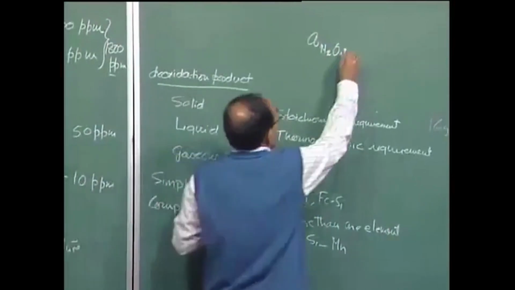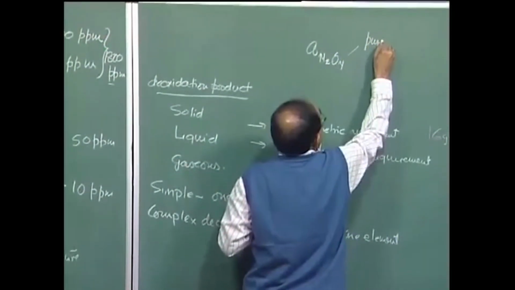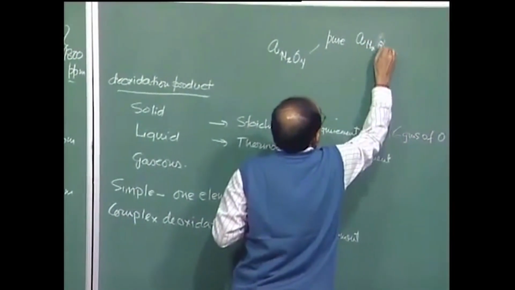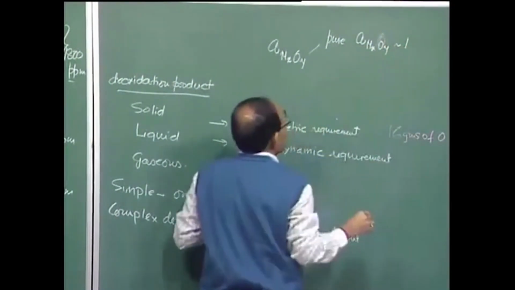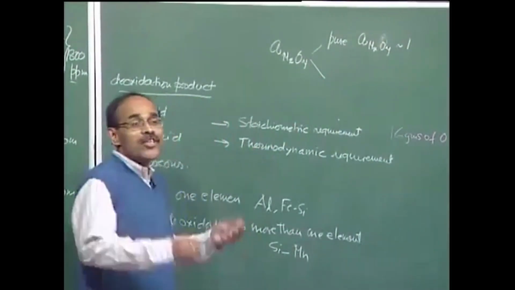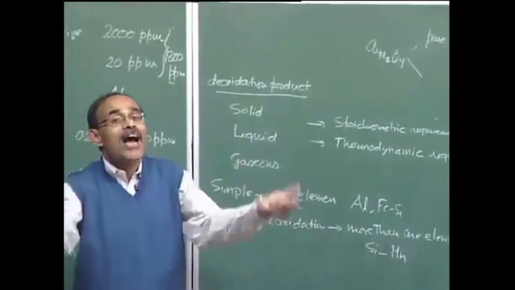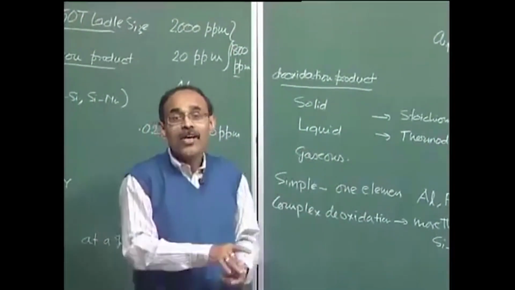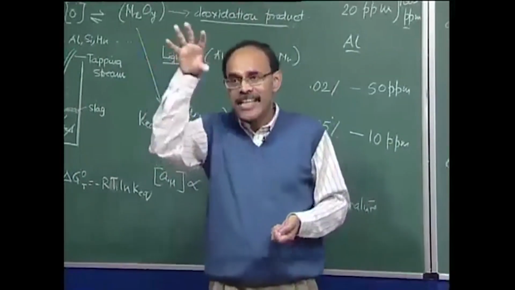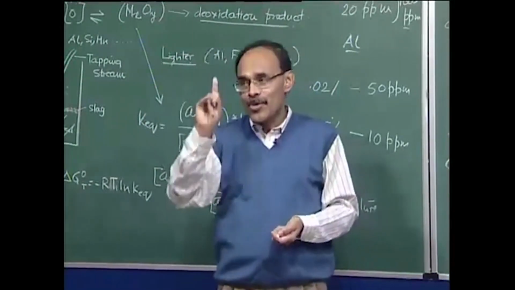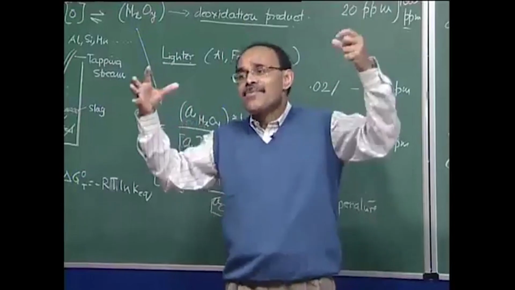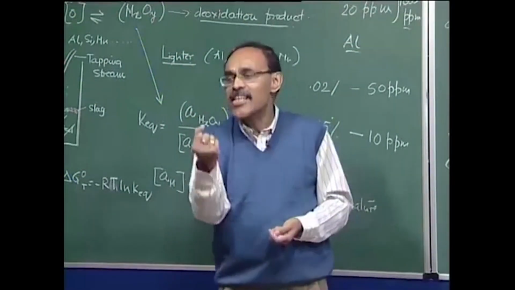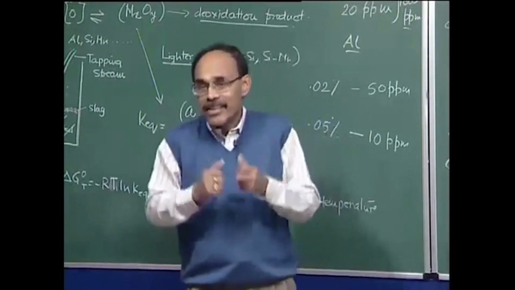Now, in the pure form, if the oxide is pure, then activity of MxOy is going to be equal to 1. On the other hand, suppose the deoxidation product is silica, and then I am adding some lime into it. So the lime and silica are going to combine with each other. In a pure silica melt, the activity of silica is going to be equal to 1. On the other hand, if I have calcium silicate, there the activity of silica is going to be substantially smaller because the silica is in a bound state.